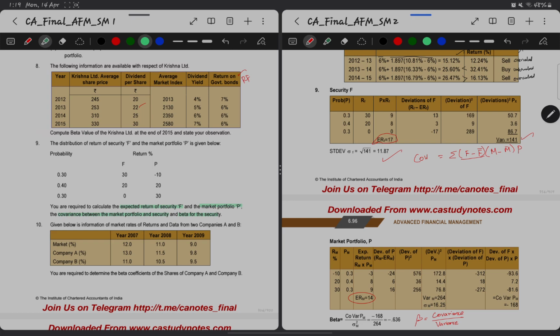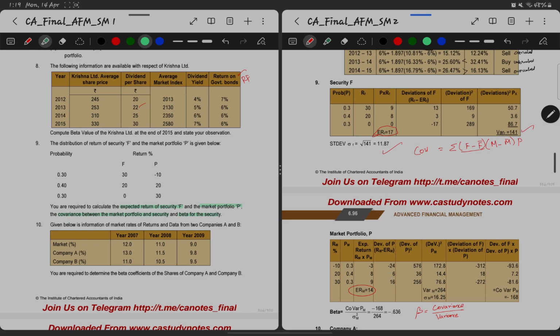Now keeping this aside, we need the deviation. So deviation is 13, 3 and 17, and in case of the market portfolio, the deviation is 24, 6 and 16. Now the deviation of security F multiplied by the deviation of market portfolio multiplied by the probabilities will give us the covariance.